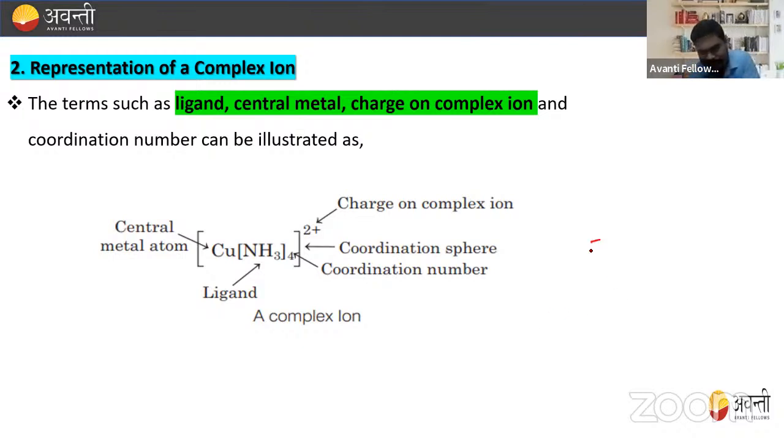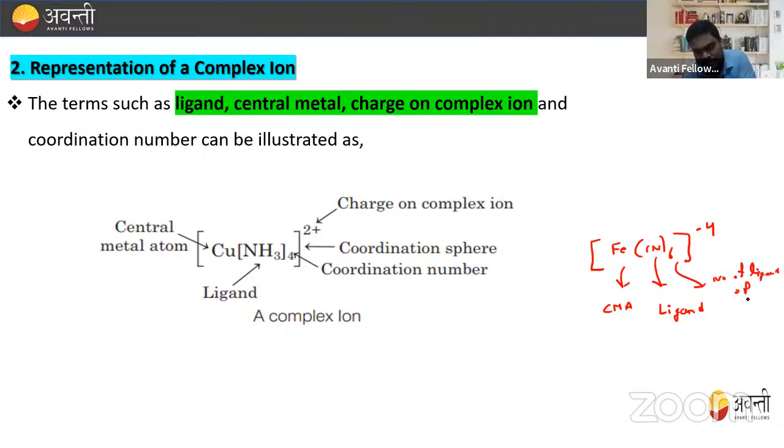Now, for example, let me write Fe(CN)6 with a charge of 4-, right? So what does Fe represent? This is the central metal atom. This CN represents the ligand, and this 6 represents the number of ligands, or sometimes it is also called the coordination number.